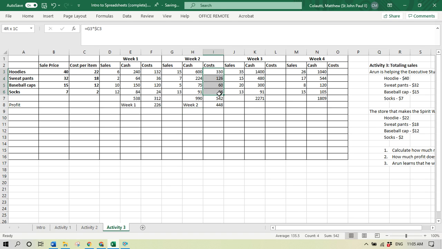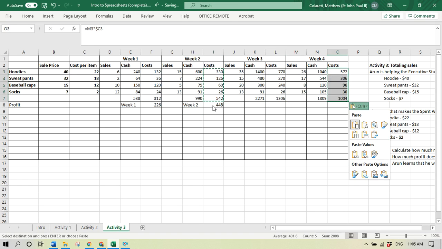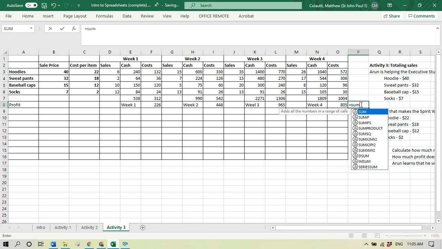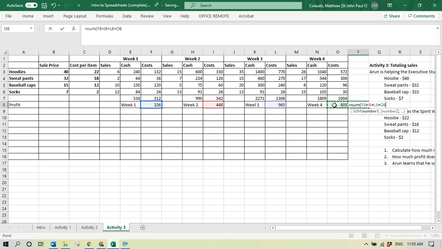Actually, I think I can now copy this because I have a formula. There we go. So his total profit is the sum of the profit from each week.